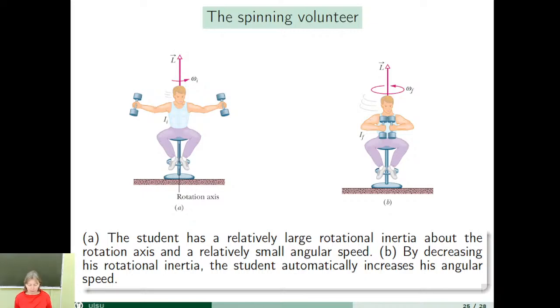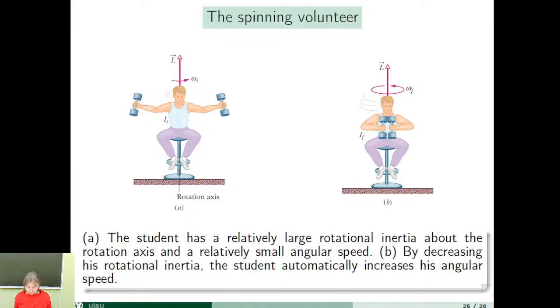We write this conservation law as the product of moment of inertia and angular velocity initially, in the first case, is equal to the product of moment of inertia and angular velocity finally, in the other case.